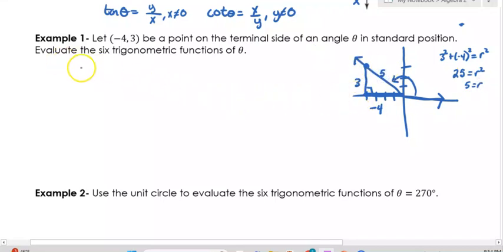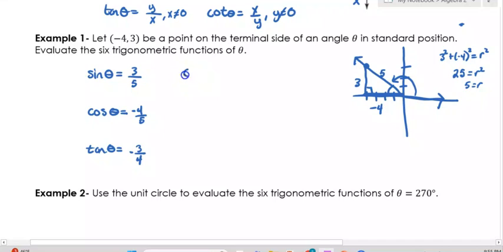All right, if I want to find the 6 trigonometric functions, sine is opposite over hypotenuse. From this angle, that's 3 over the hypotenuse, 5. Cosine is adjacent over hypotenuse, so that's -4 over 5. Tangent is opposite over adjacent, so that's 3 over -4, which you would typically not write with the negative on the 4, you just call it -3/4.